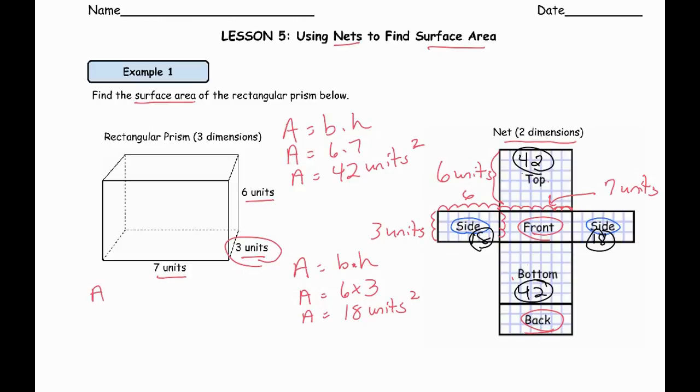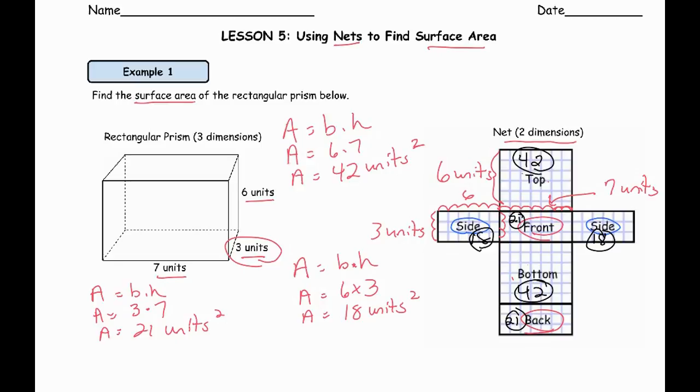So I'm going to multiply 3 times 7, or base times height, and we get 21 units squared. And we can label those 21 and 21.